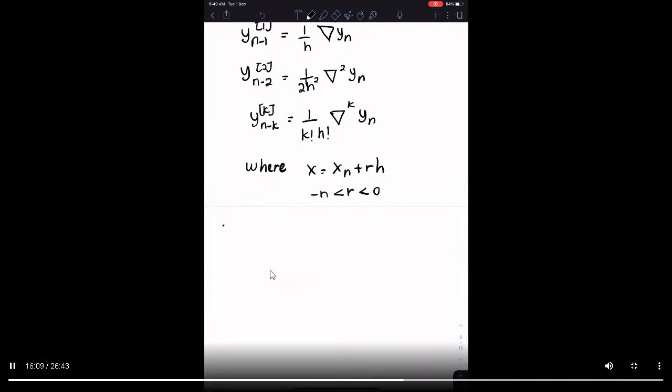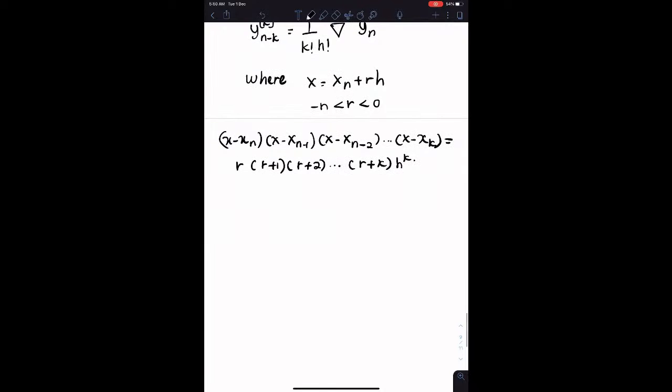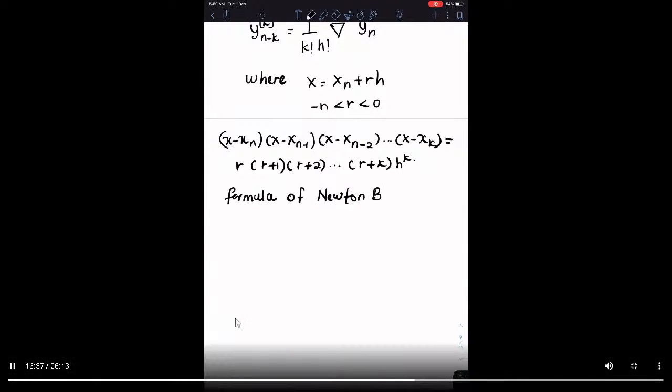Actually, it should be xn minus rh, going backward. So x minus xn, x minus xn minus 1, x minus xn minus 2, up to x minus xk is equal to r plus 1, r plus 2, r plus 3, up to r plus k, times h power k. This is the way we write it in Newton polynomial style.